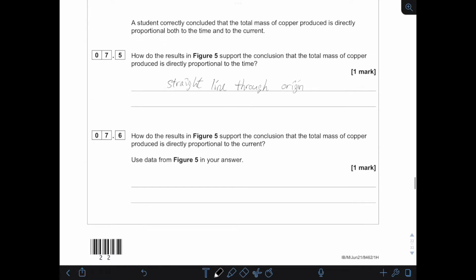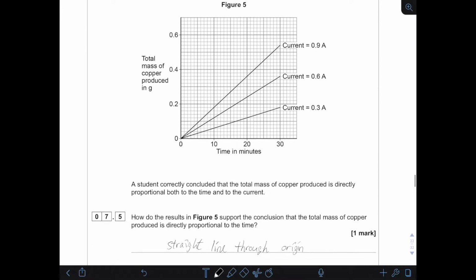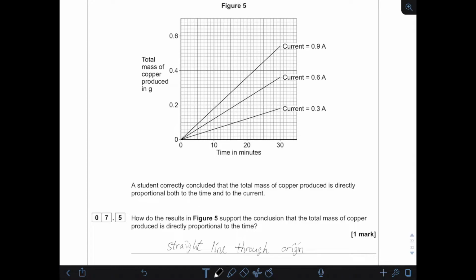How does the result in figure 5 support the conclusion that the total mass of copper produced is directly proportional to the current? This one is harder to look at, but there's a way.